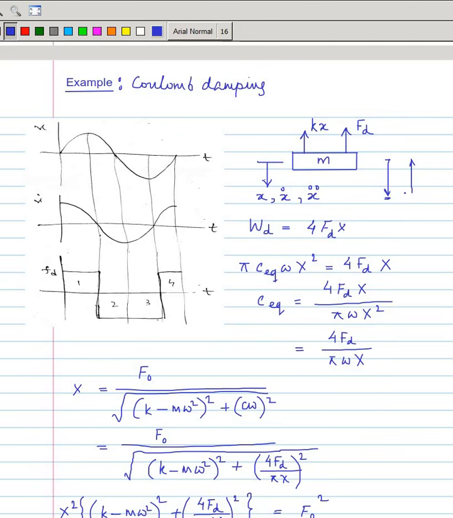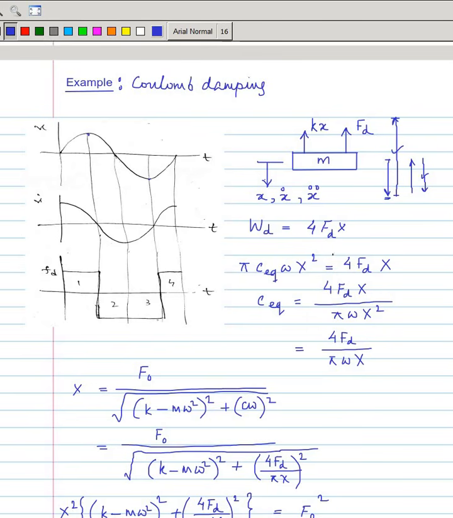Then what happens, x goes from here to here. The damping changes sign and it becomes like this. So from here to here the damping is negative, where x is going from its maximum on the positive side to maximum on the negative side, and Fd becomes negative and remains negative up to this.